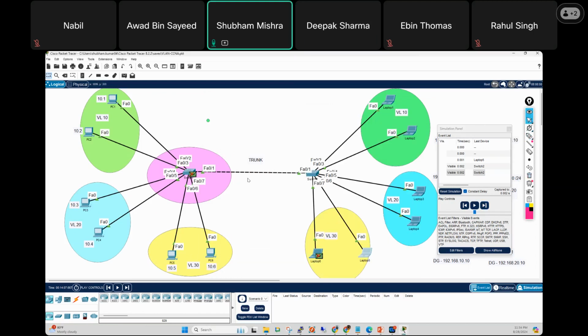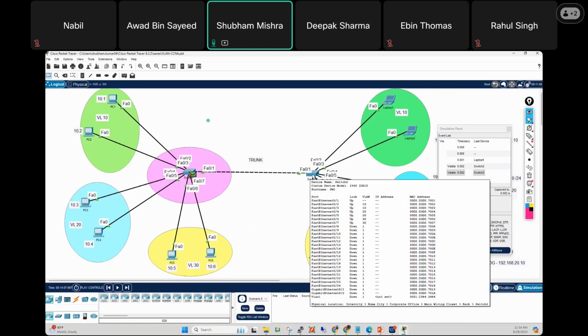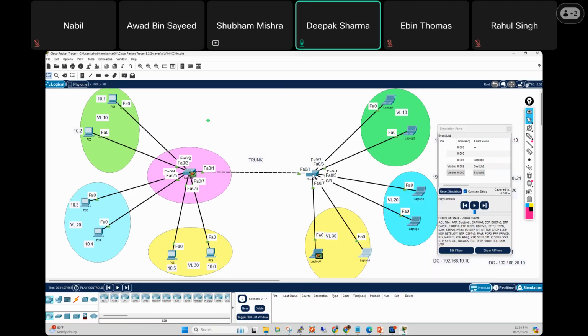Why does this switch forward this packet here and why does this switch drop it? Because here everything is allowed. Here I did not modify anything. But here you allowed only certain VLANs and did not allow VLAN number 30. So that's the reason your packet is dropping here. Getting my point, everyone?